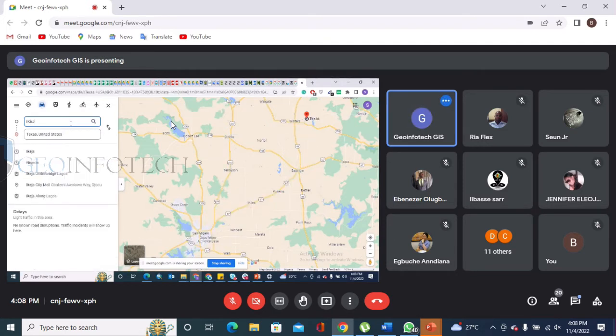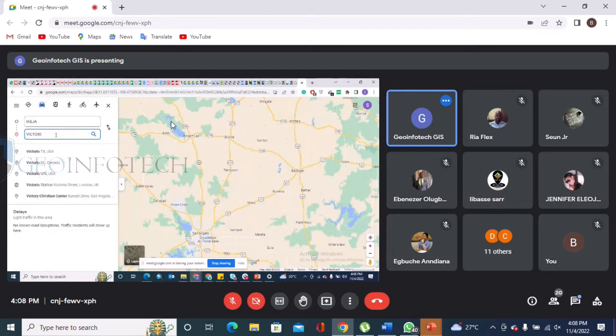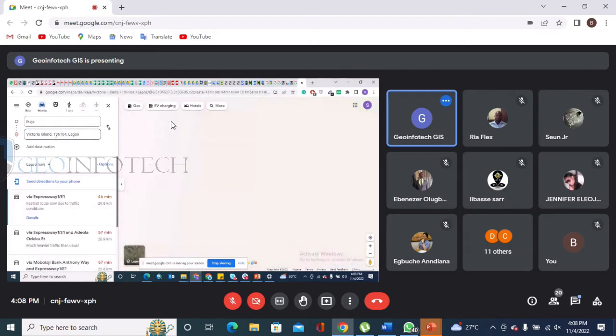Let's say Ikeja to, let's just say Victoria Island. Ikeja to Victoria Island is how many kilometers? 28. And how many kilometers make 1 mile?